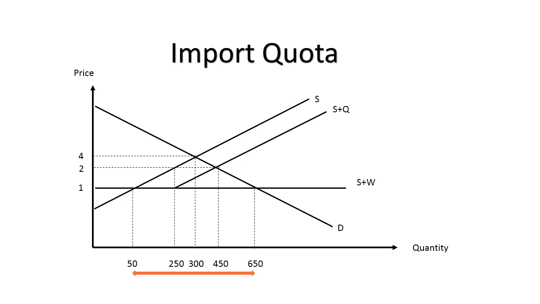The number of imports after we impose an import quota is 450 minus 250, so the number of imports is equal to 200.